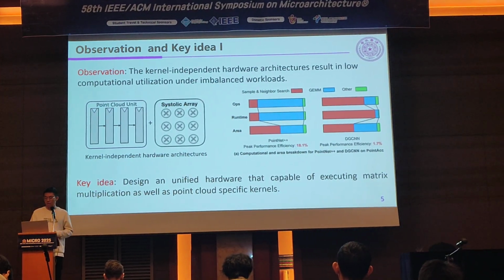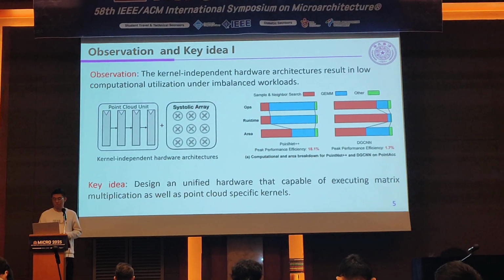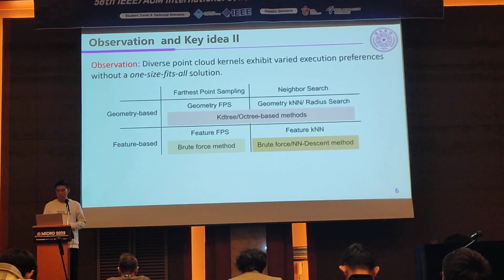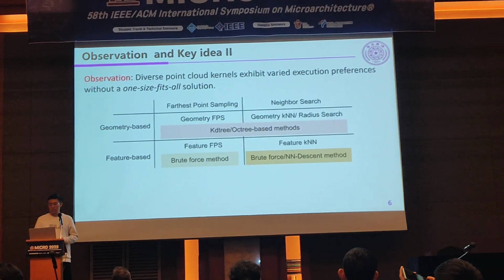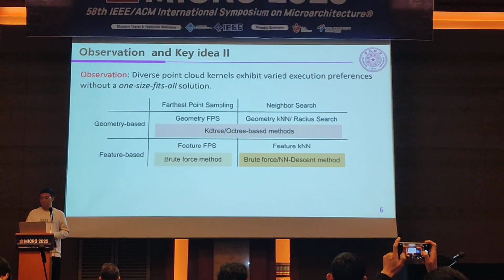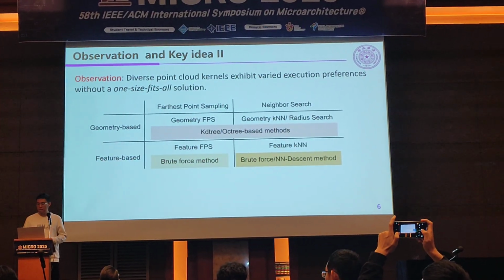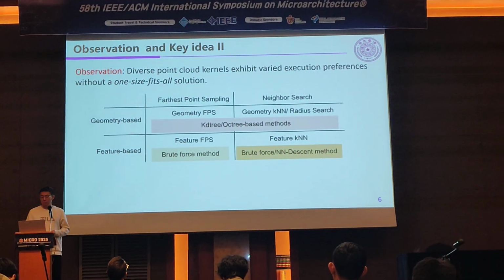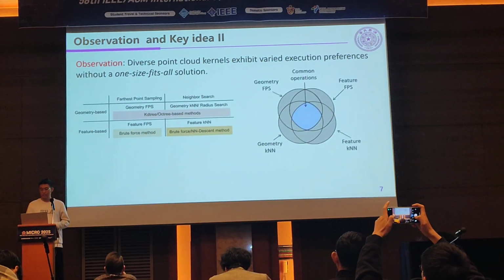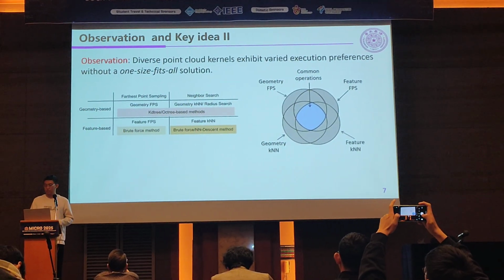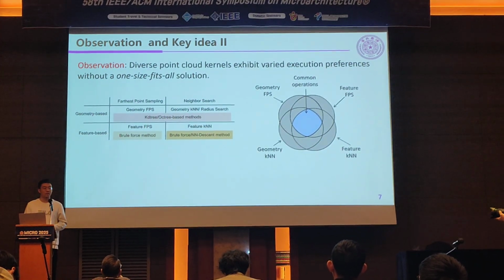To solve this, we need a unified hardware that can efficiently run both matrix applications and point cloud kernels. However, different kernels prefer different execution models. The best strategy for FPS and KNN varies greatly between low-dimension space and high-dimension feature space, so one fixed computation pattern cannot fit all. Designing an accelerator with both execution models poses significant challenges in both datapath design and control logic design.